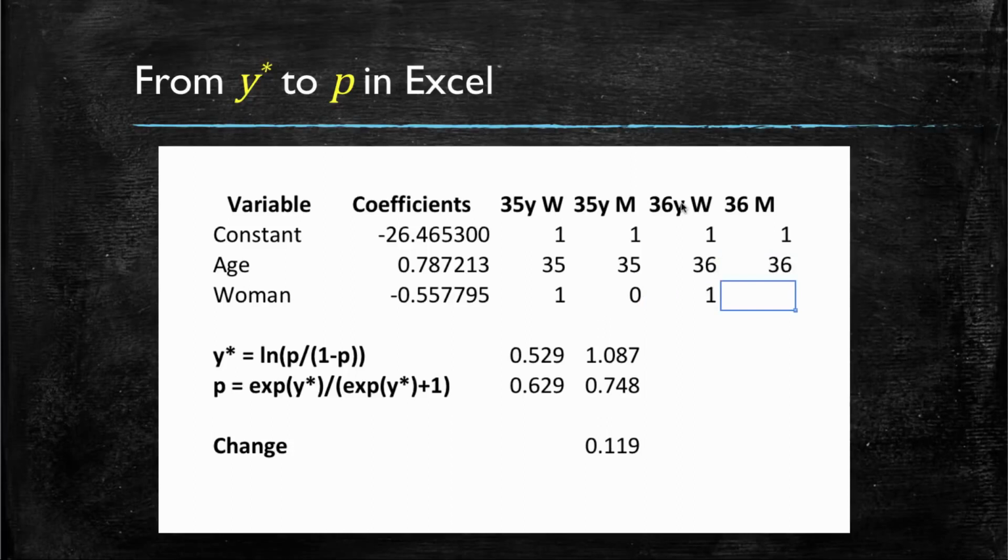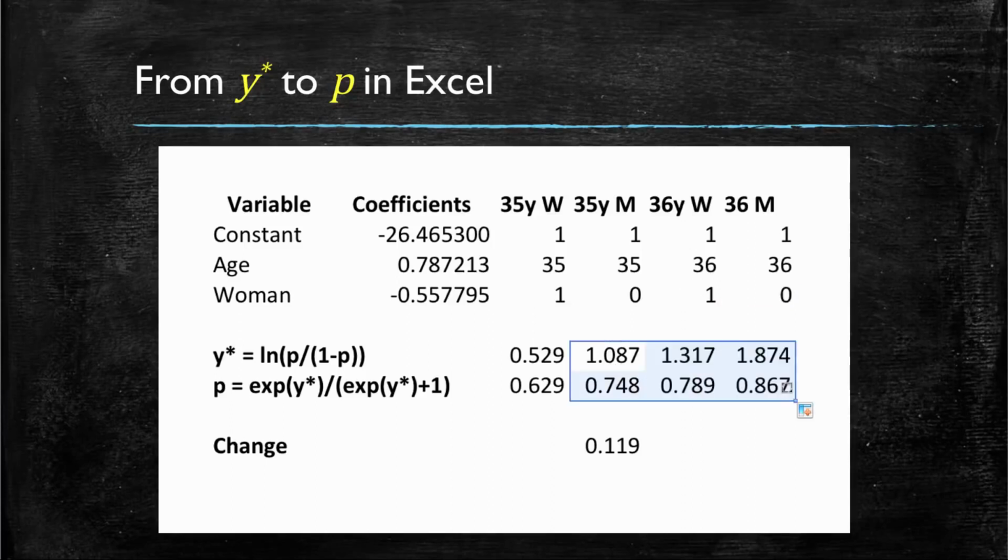And here we have woman turned on, here we have woman turned off. I'm going to drag my formula. And note that the probabilities of adoption have increased. In the case of women, it went up from 62.9% to 78.9%. Meanwhile, for men, it went up from 74.8% to 86.7%.